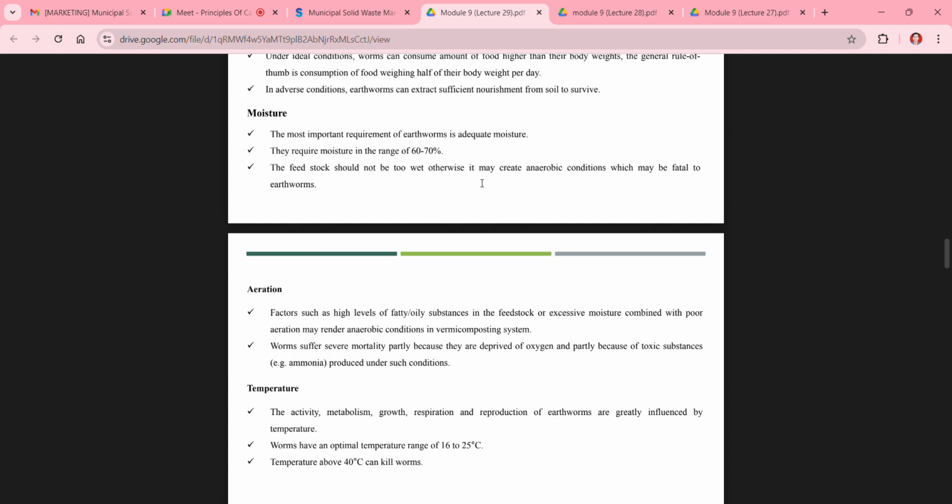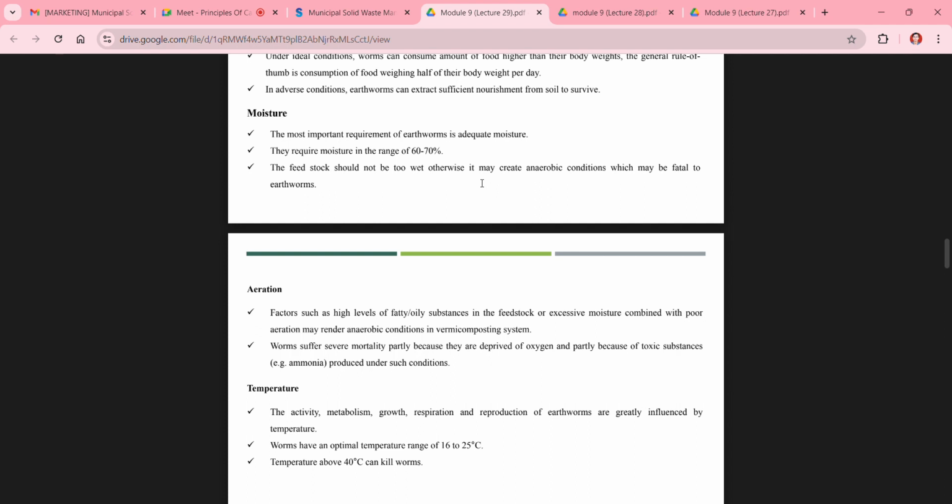There will not be proper aeration inside the waste material during the composting process, and that will result in anaerobic conditions and anaerobic digestion, which may be fatal to the earthworms, because during anaerobic digestion ammonia gas will get released, resulting in an increase in the temperature of the vermicomposting process.